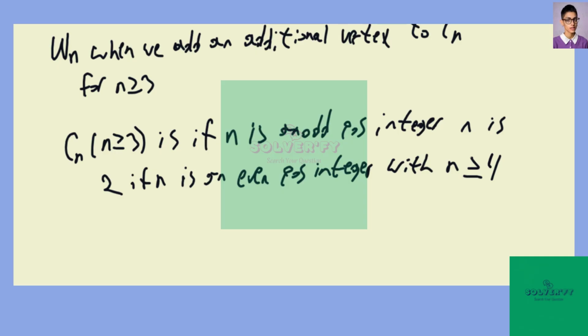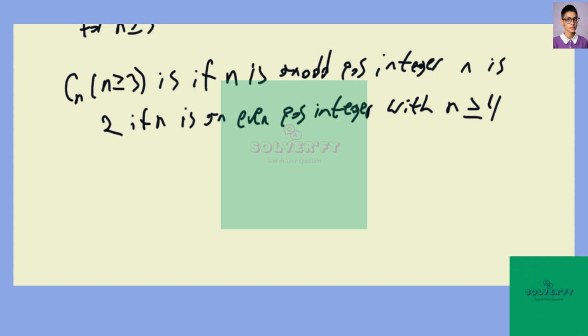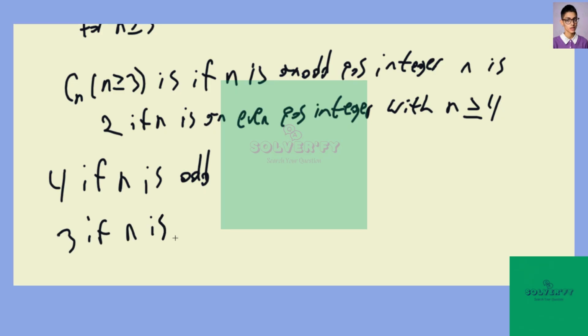Because W sub n is obtained by adding an additional vertex to the cycle and connecting the new vertex to each of the n vertices of C sub n by edges, the chromatic number of W sub n is 4 if n is an odd positive integer, and is 3 if n is an even positive integer.